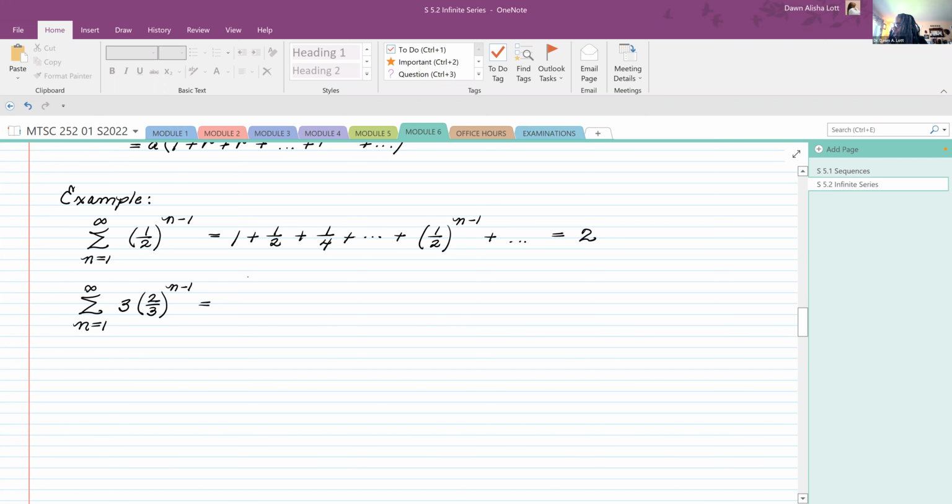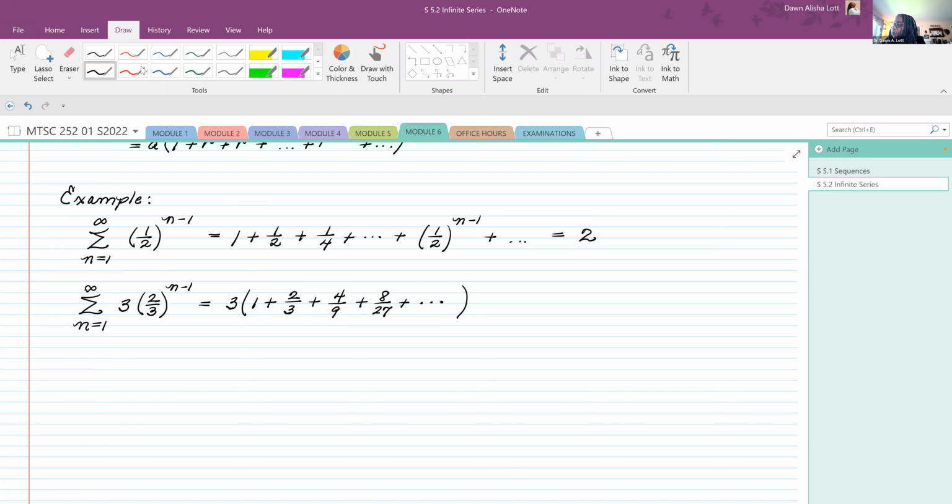Well, that one would look like 3 times 1 plus 2/3 plus 4/9 plus 8/27 plus dot dot dot. Okay, so that's what that sequence would look like when it's summed up. And right now, for what we already know, we have no idea what that's going to be.